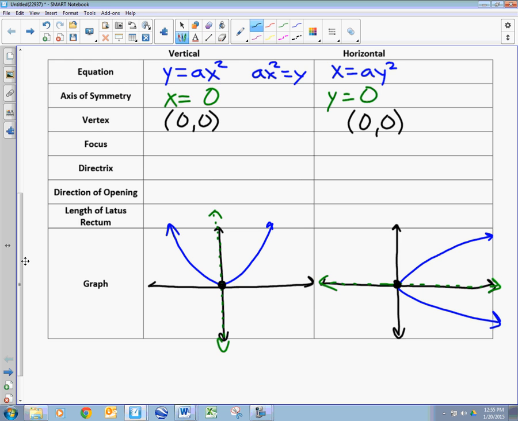Focus. Got to know some information about that. The focus is p units on the inside. So I'll put F for focus, and it's exactly p units from the vertex. What you need to know is how to find p. We use this equation: A, the coefficient in front of x squared or y squared, is equal to 1 over 4p.